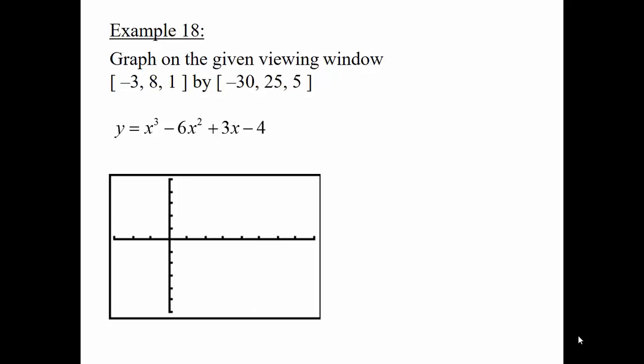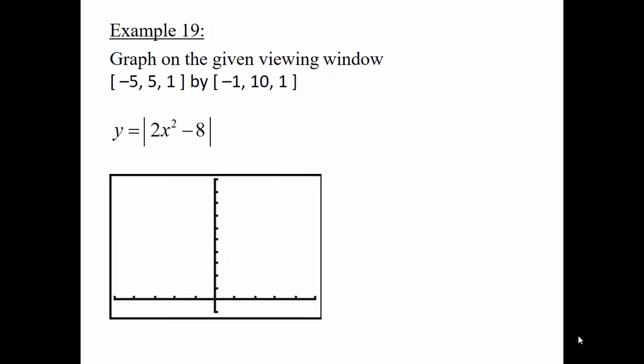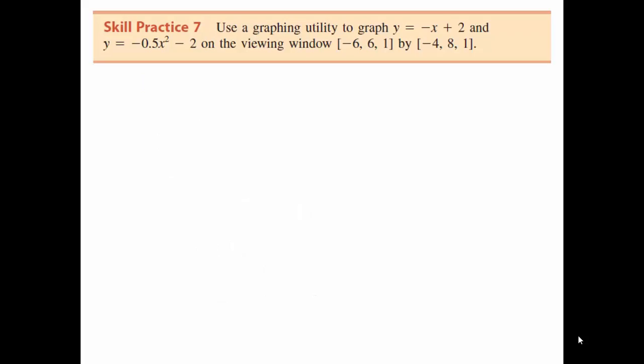You can see it's set the center off to the left. You're going to graph a cubic function that will look like that. And again, changing the window, it's an absolute value function, but you notice it put the origin towards the bottom. Okay.